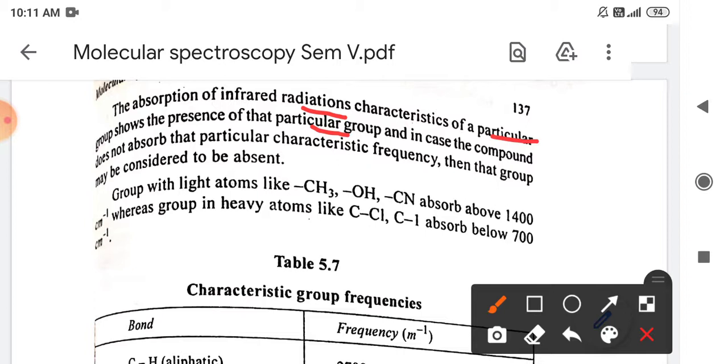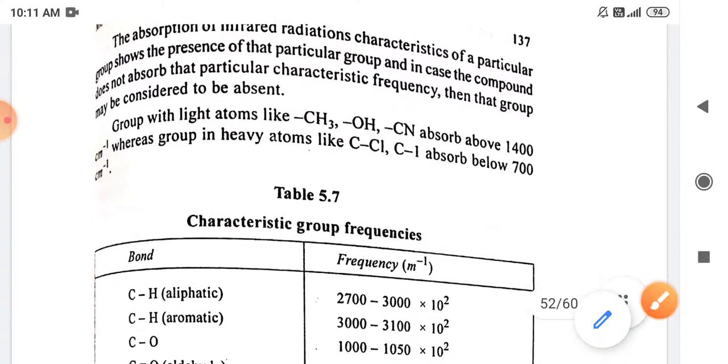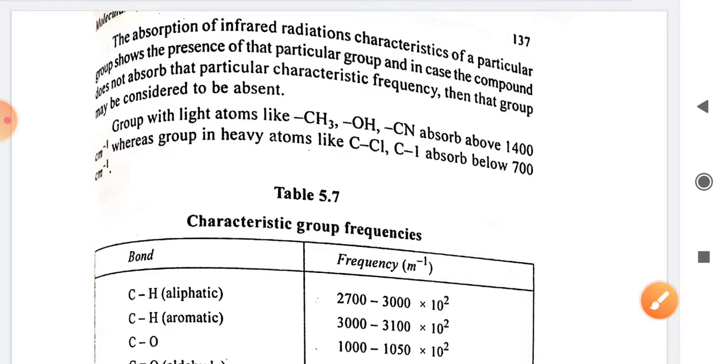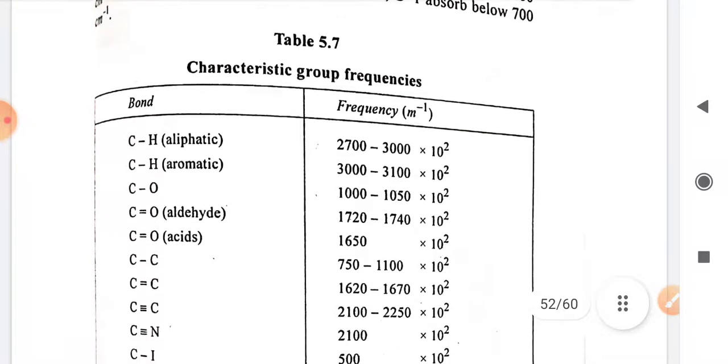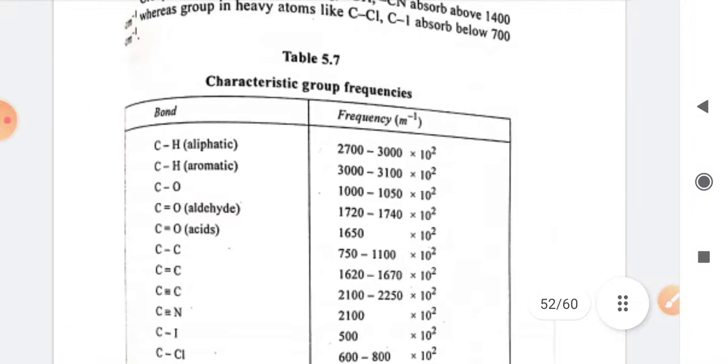So we can say that groups like CH, OH or CN will absorb above 1400 centimeter inverse, whereas groups with heavy atoms like carbon chloride or carbon iodide show low frequency values due to the higher masses. Reduced mass is quite high, and we know that frequency is inversely related to the reduced mass.